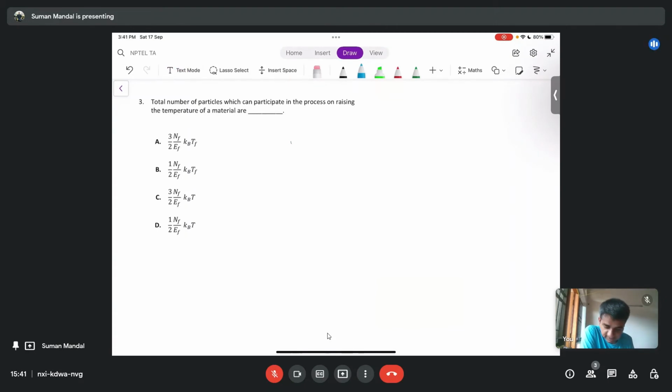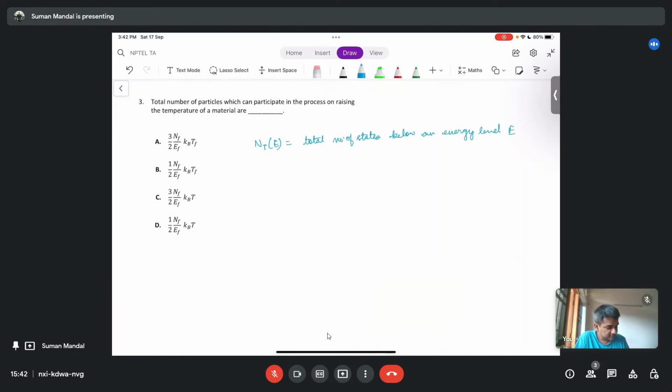For the sake of completion, I will write down the definition of this: the total number of states below the energy level E.